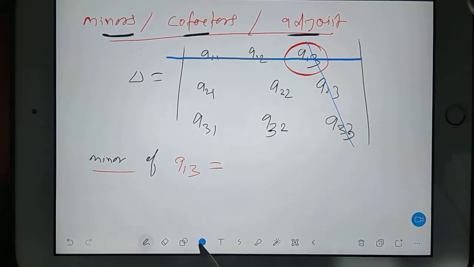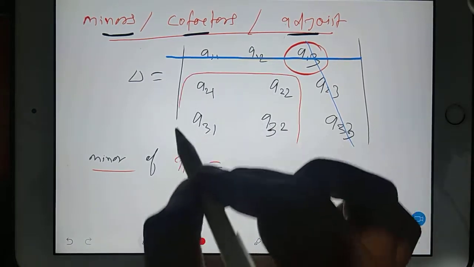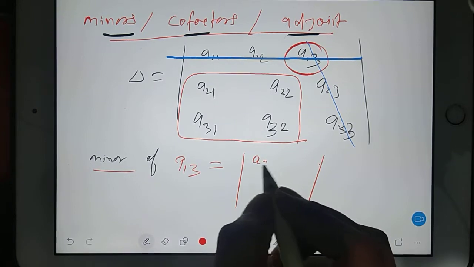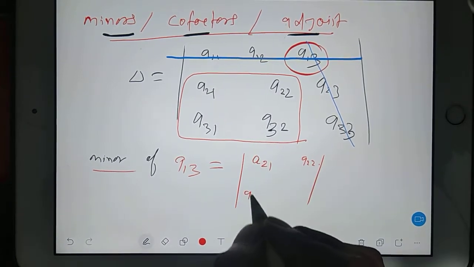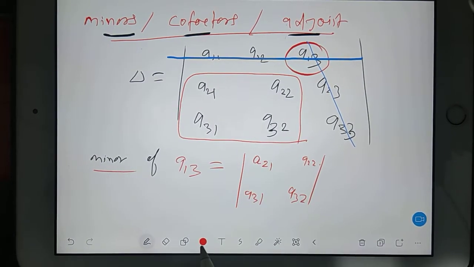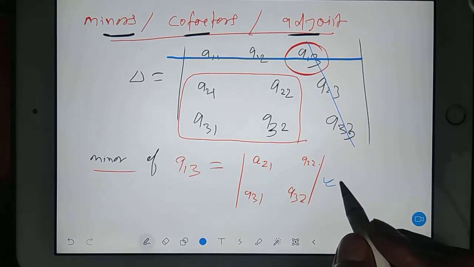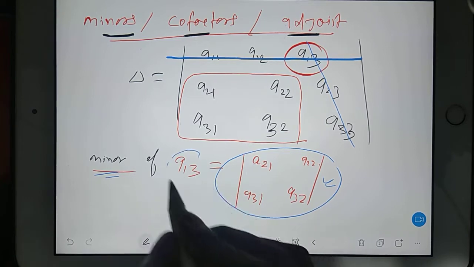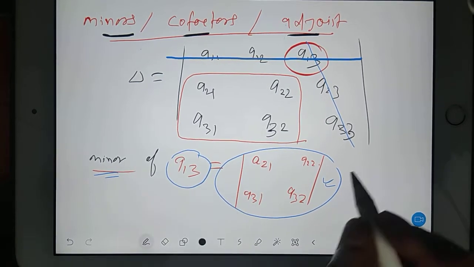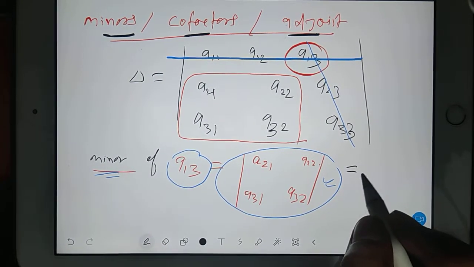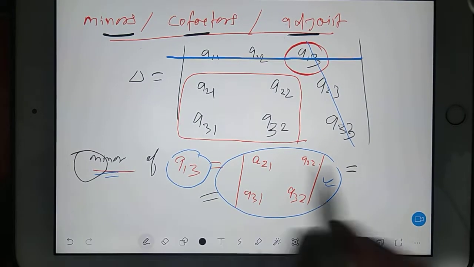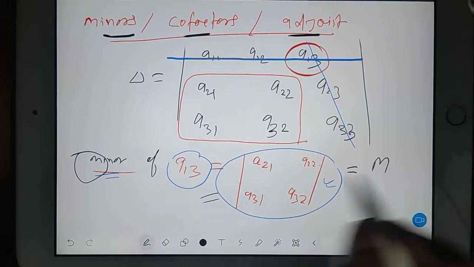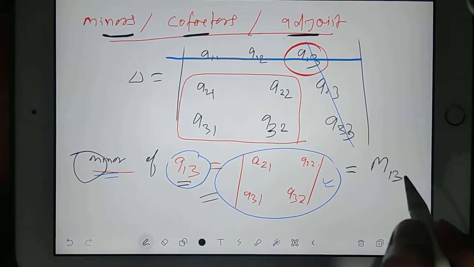Then you are remaining with these 4 elements, which you put into a determinant as A21, A22, A31, A32. This whole thing is known as the minor of element A13, and it will have a particular answer. Because it is a minor, you represent that answer as M, and because you got it for 13, you write M13.